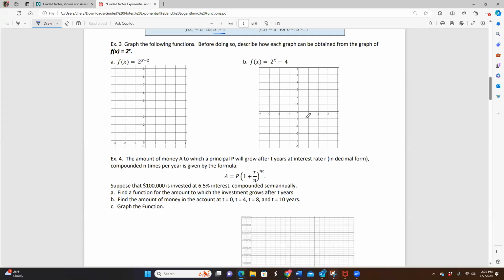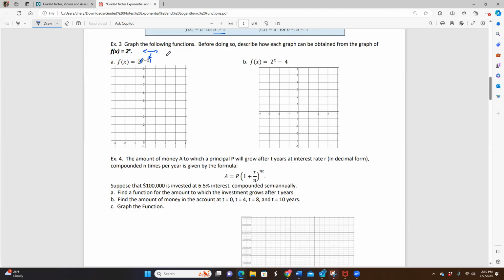Now, in example 3, it wants us to graph these translated. We learned before, the way you translate graphs is you look at what's going on near the x. So here, my function that we'd be starting with is f of x equals 2 to the x, which we graphed above. Here we want 2 to the x minus 2. So since this minus 2 is connected to where the x is, what that means is it's a horizontal translation, and it would be 2 to the right.